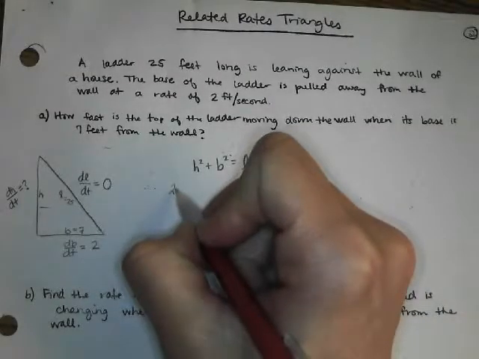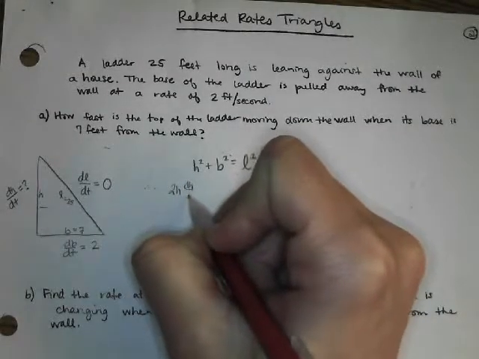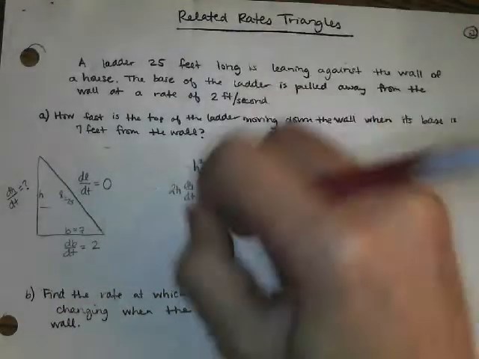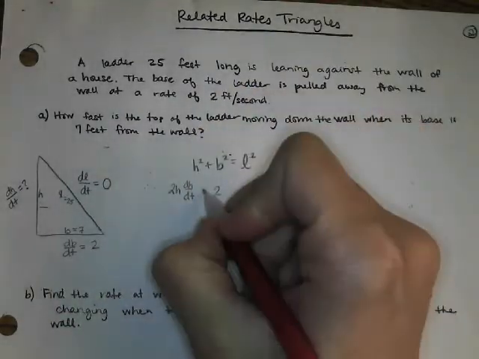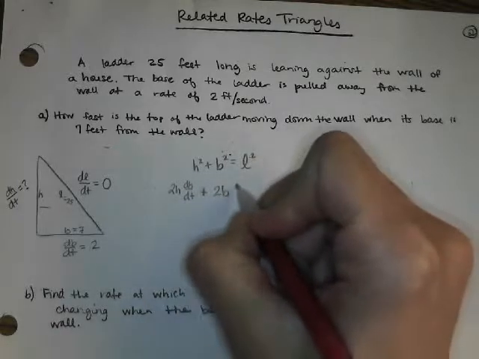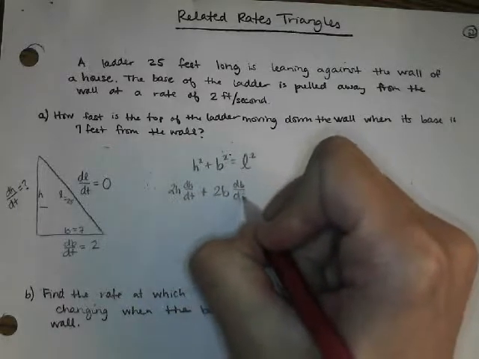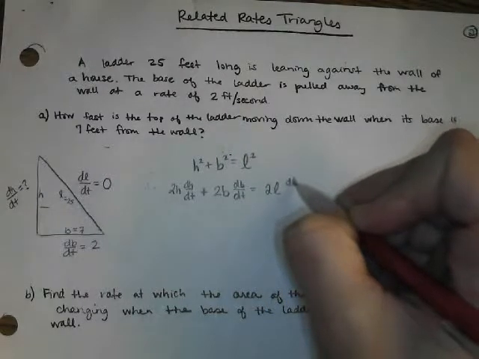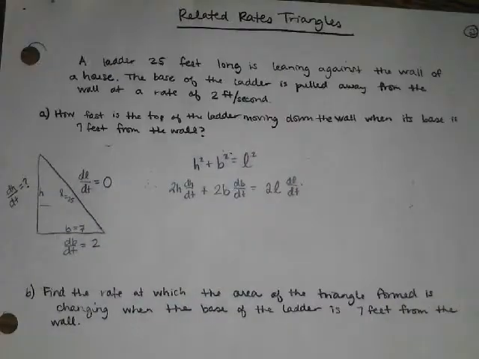So we have 2H dH/dt plus 2B dB/dt equals 2L dL/dt. And we're going to plug in what we know.